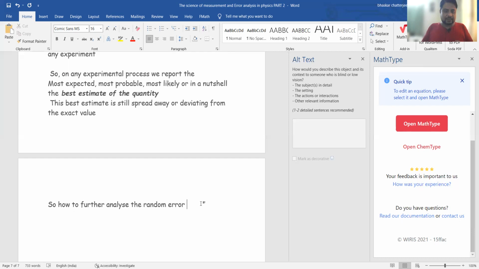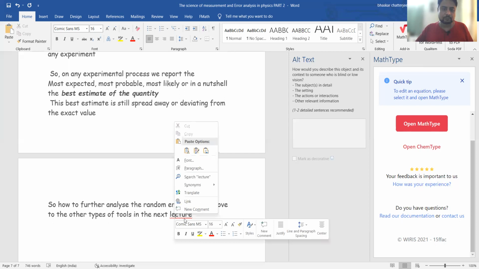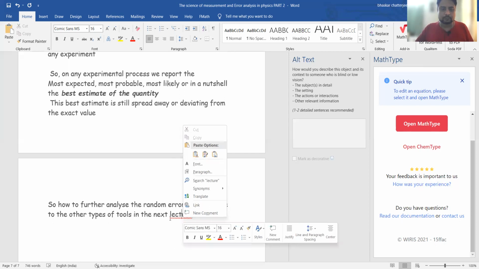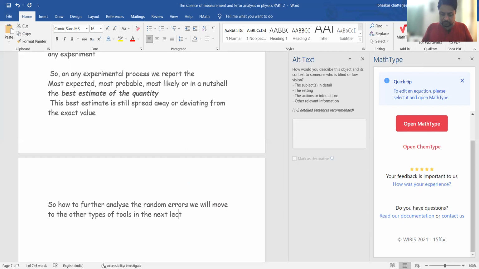So how to further analyze the random errors? We will move to other types of tools in the next lecture. In the next lecture, we will see how to further refine your results.